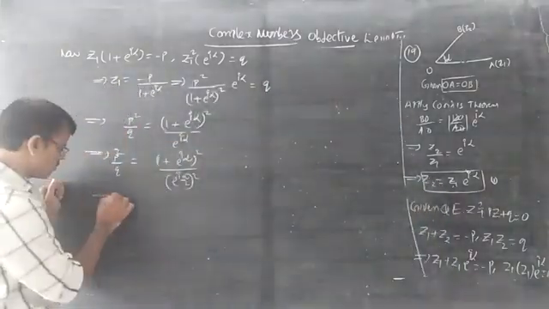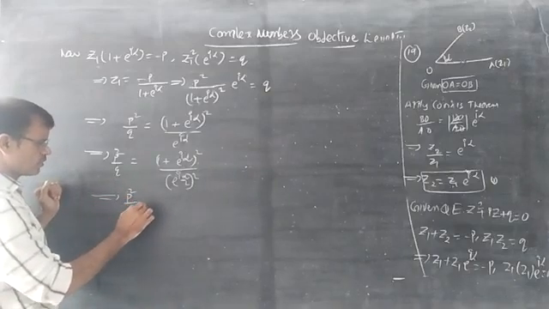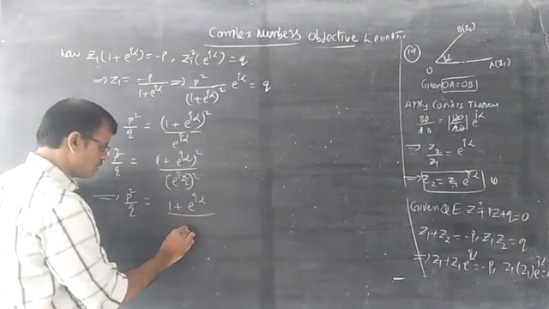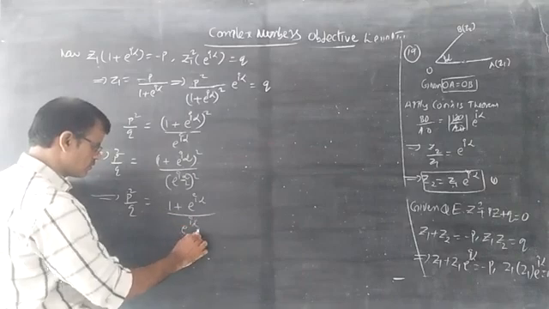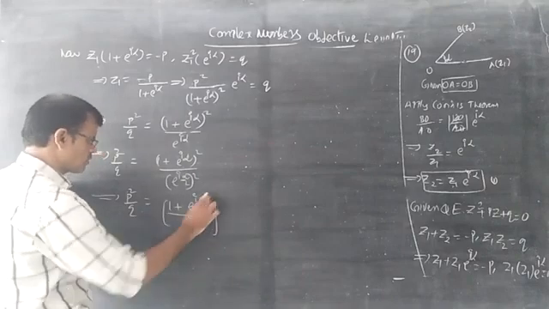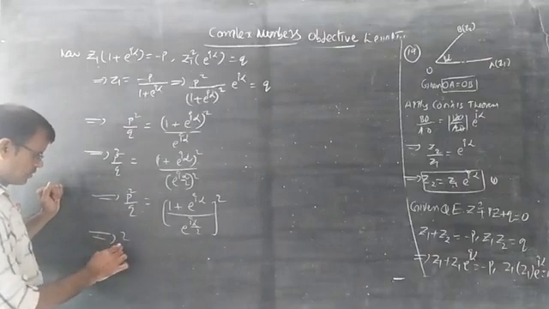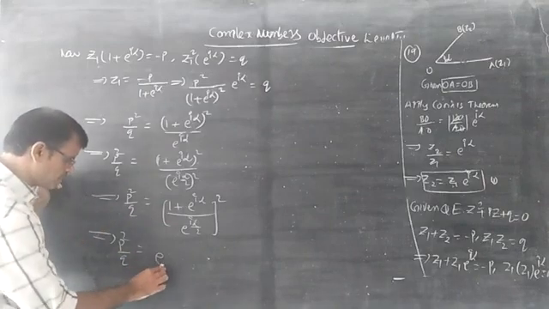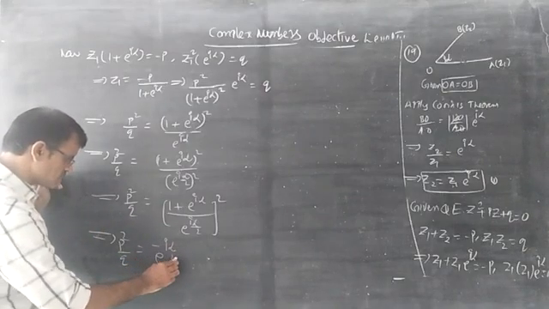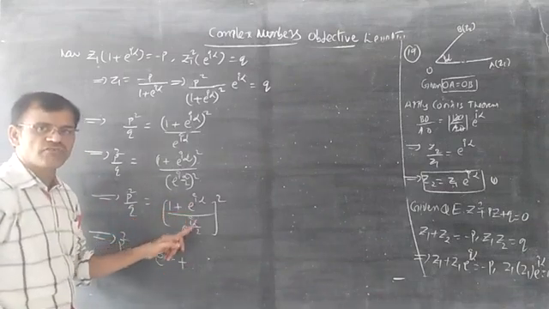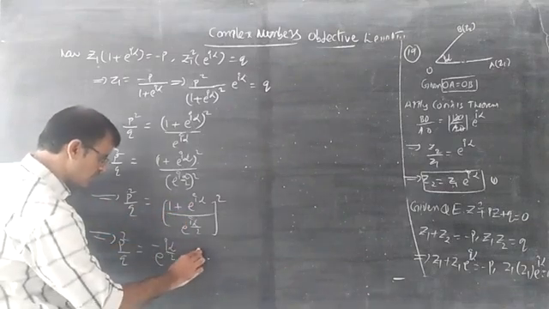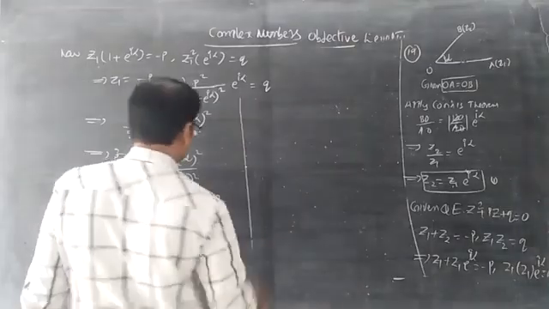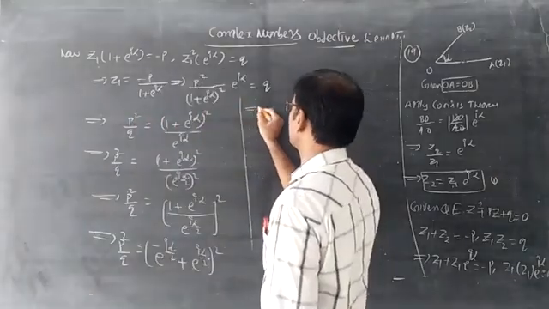So P square by Q is equal to 1 plus e power I alpha by e power I alpha by 2, whole square, which becomes e power minus I alpha by 2 plus e power I alpha by 2, total whole square.